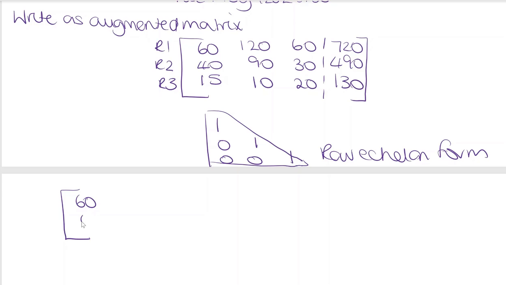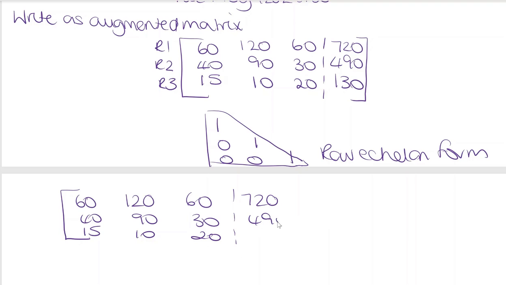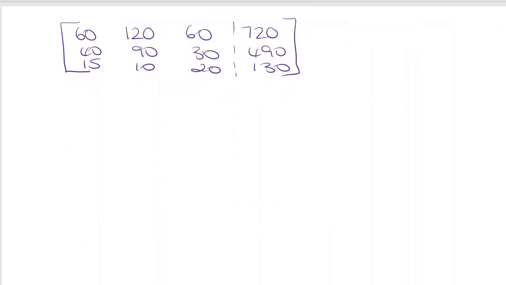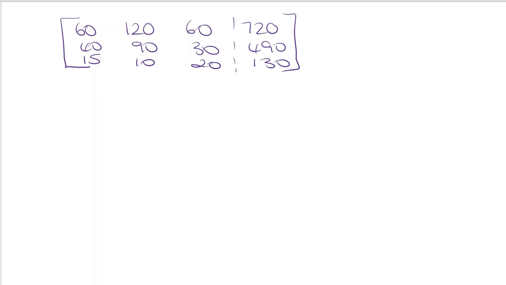So the first thing we do is take row 1, so just rewrite out the matrix. So 60, 40, 15, 120, 90, 10, 60, 30, 20, 720, 490 and 130. Okay, so row 1. We're going to do something to row 1, and we want to turn this 60 into a 1. So we can divide by 60, or we can say multiply by a 60th.